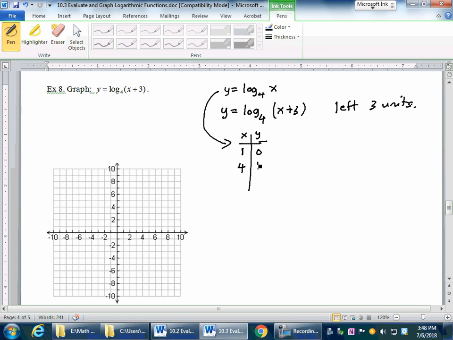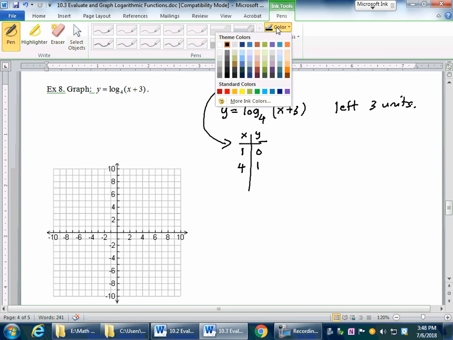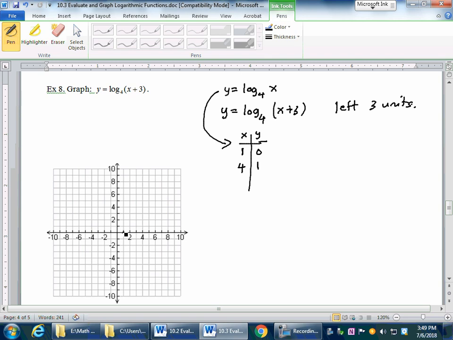Right? And those 2 points will help me get the parent graph a lot faster. So here's my parent graph. When x is 1, my y will be 0. When x is 4, my y will be 1. So according to the parent graph, I know that the shape looks like this.